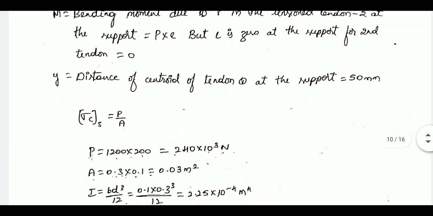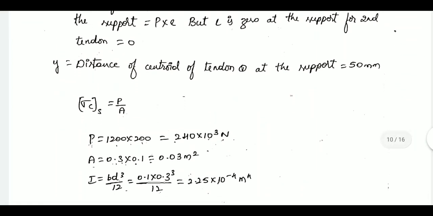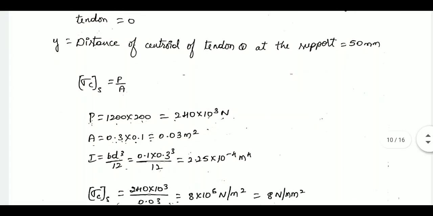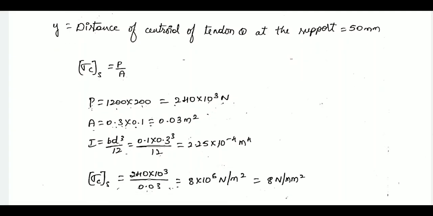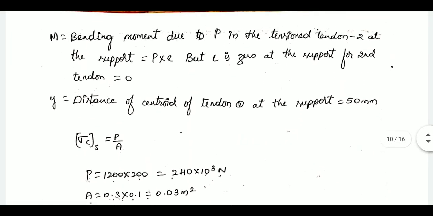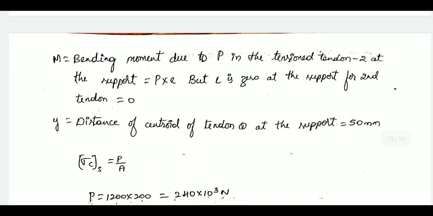Bending moment P into e, what are you going to consider? So P we have calculated, area we have, moment of inertia we have. Here we are tensioning the second cable. So bending moment of pre-stressing force for second cable we need to consider, and y value in the formula.